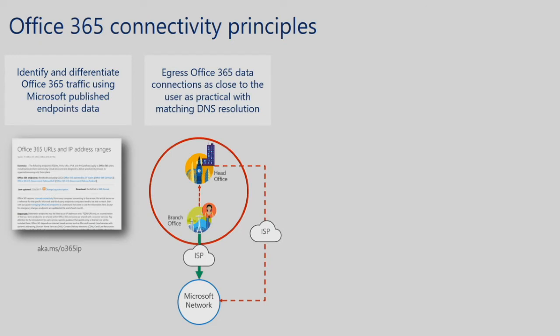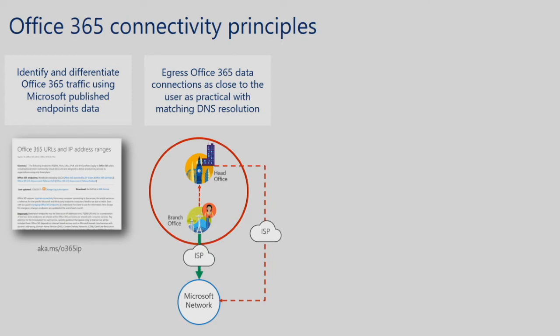Secondly is egressing Office 365 data as close to the user as practical. So what that means is not backhauling through to a central egress location where we've got a local egress available. And the reason for that will become clear a little later on.